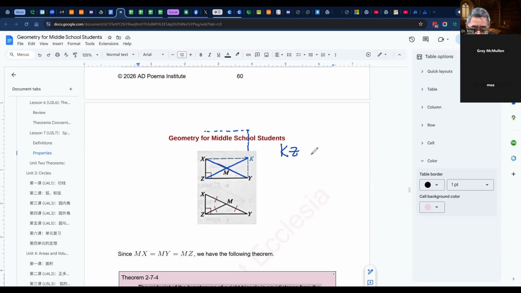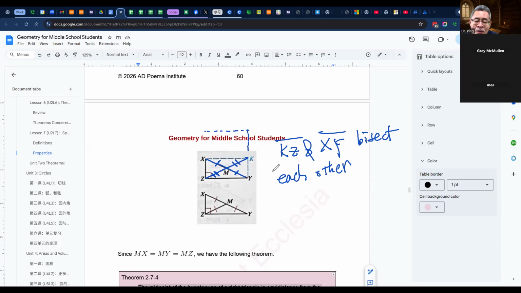KZ and XY bisect each other. The reason for that is because a rectangle is a parallelogram, and we know in a parallelogram the diagonals bisect each other. So therefore, this side is congruent to this side, and this side is congruent to this side.